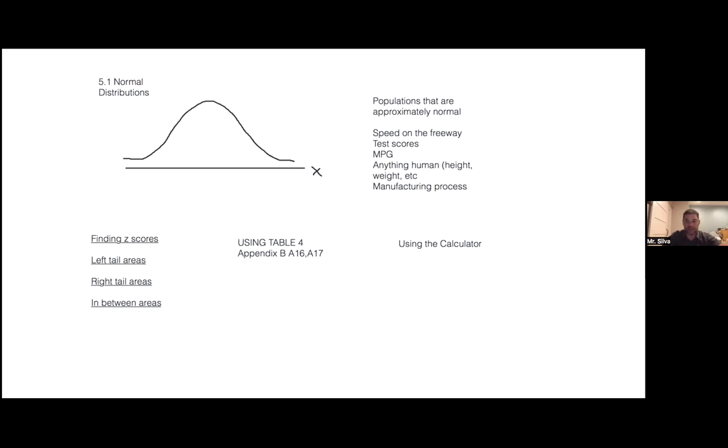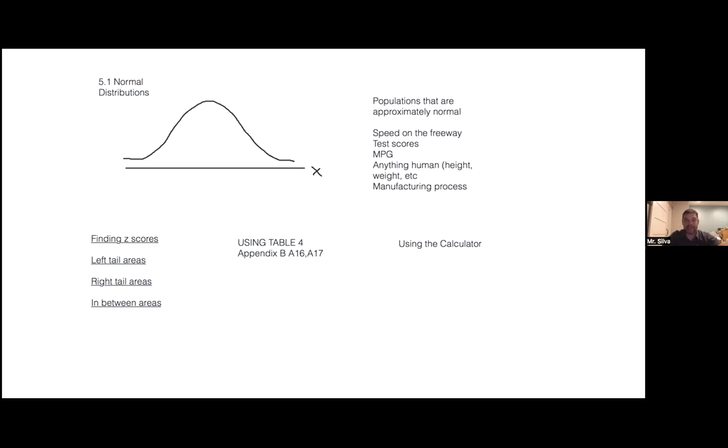Test scores. Again, some people score high, some people score low, but most are average. Miles per gallon, anything human: height, weight, IQ, cholesterol, blood pressure, things like that are approximately normally distributed.